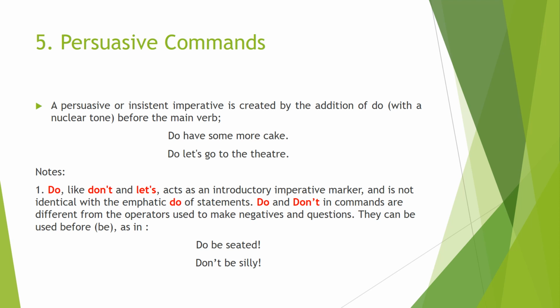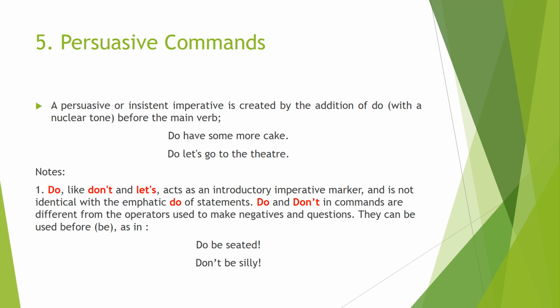Here we are not making emphasis. Do that is used at the beginning of commands is making commands persuasive, insistent, while the do that we are using in simple sentences, which are not negative or a question, is used to make emphasis.